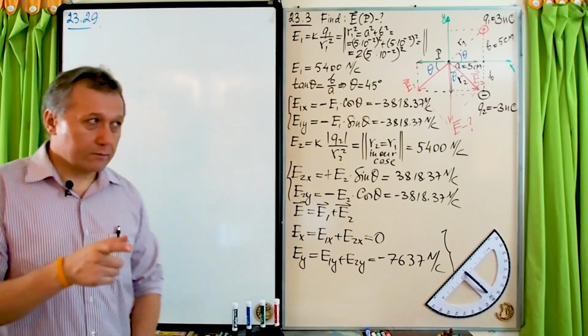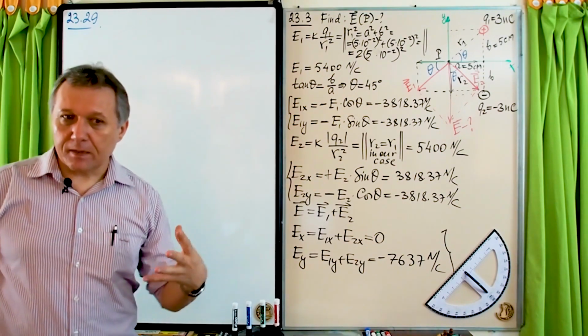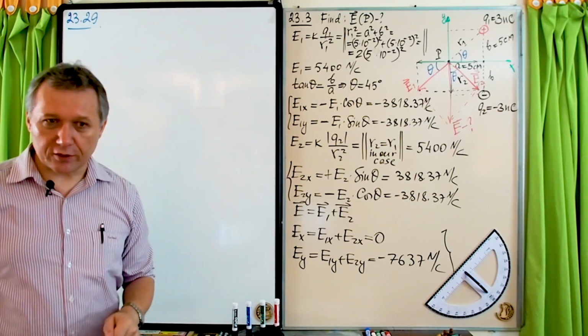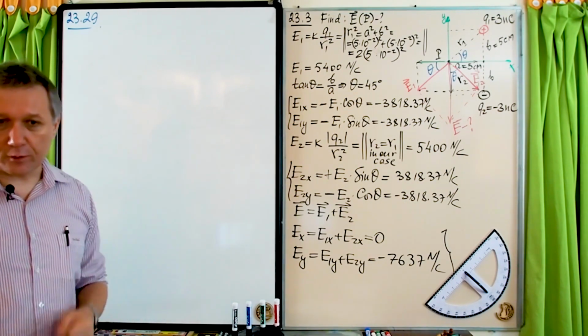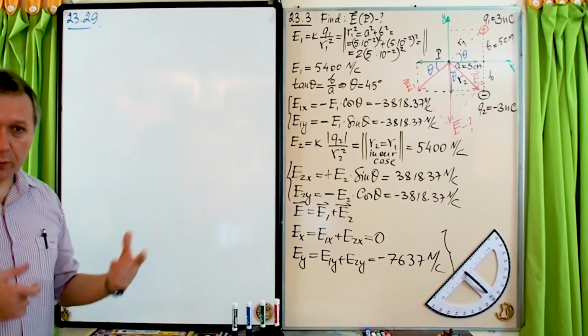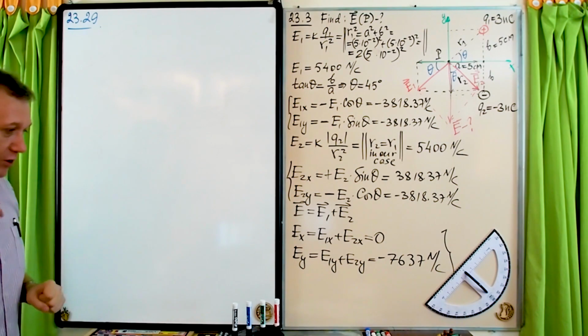That system, an infinitely large charged surface, gives us a uniform electric field. And tomorrow we will introduce the expression for the electric field created by that surface.